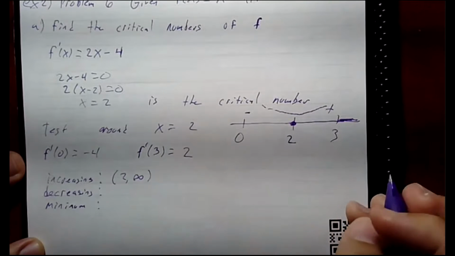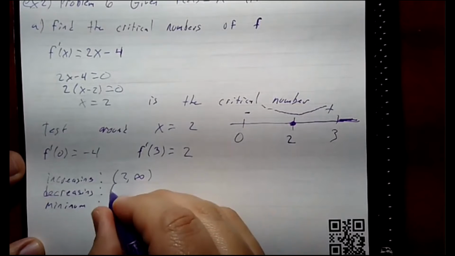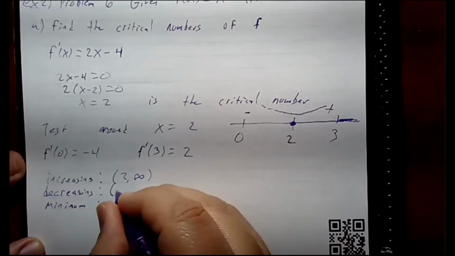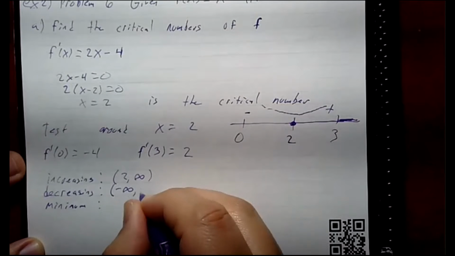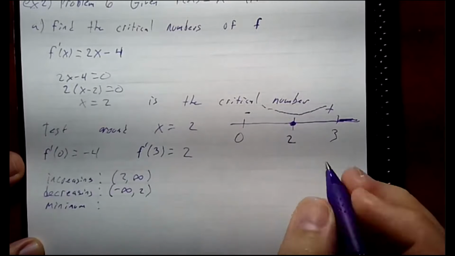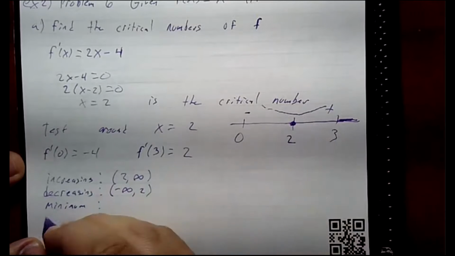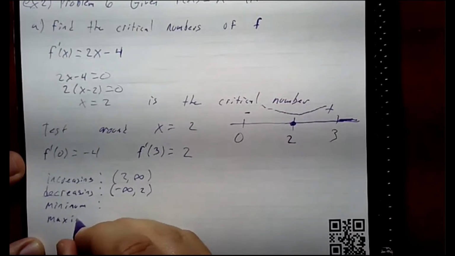And for decreasing, it should be parentheses negative infinity to 2. And is this a minimum or is it a maximum? It's a minimum, but I don't know if it's the local or not.